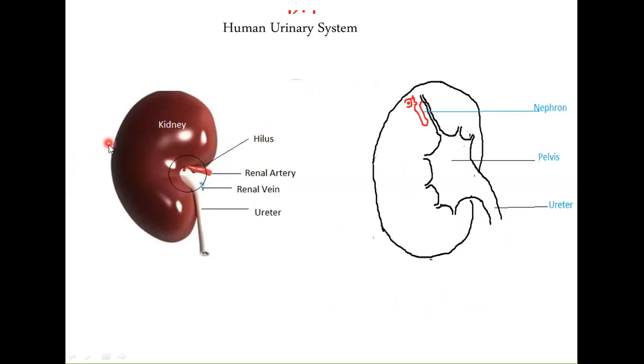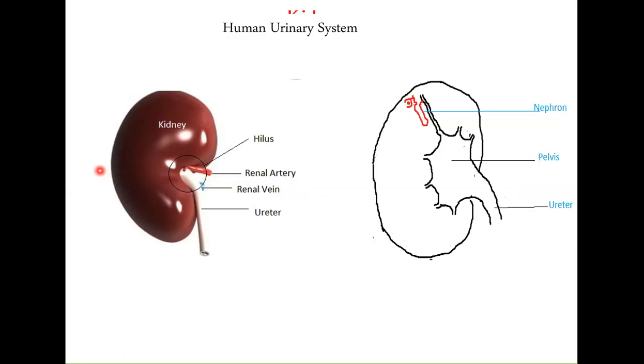One side is convex, other side is concave. Concave side of each kidney is toward the vertebral column. Concave side faces the vertebral column. Concave side vertebral column की तरफ होती है, whereas convex side is away from the vertebral column.